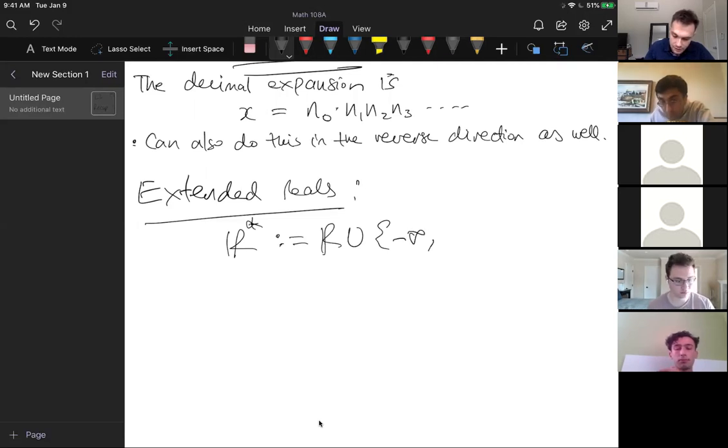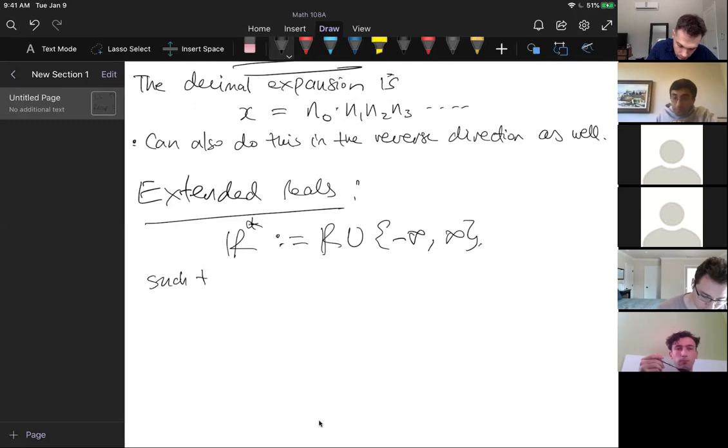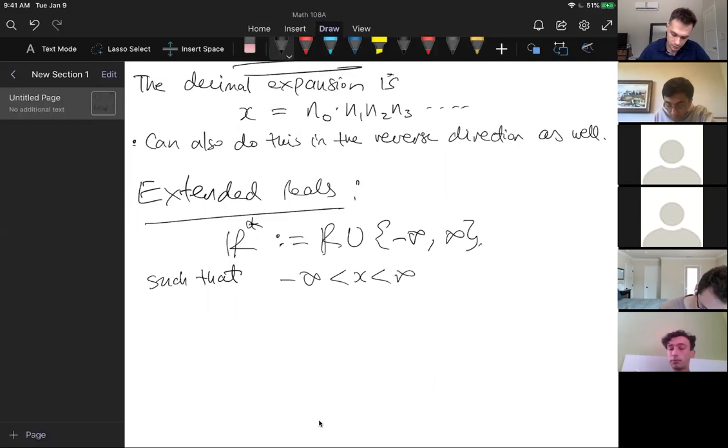One is minus infinity and one is positive infinity. Okay. And such that, how does the order work? Such that you have this. For every real number lies between these two elements here. For every x in the reals.